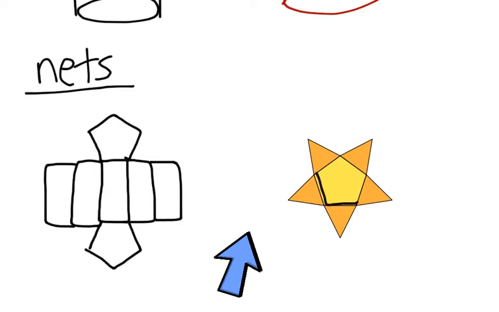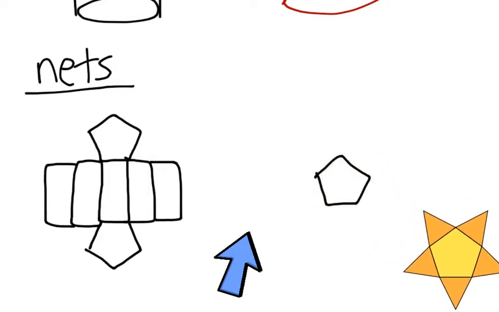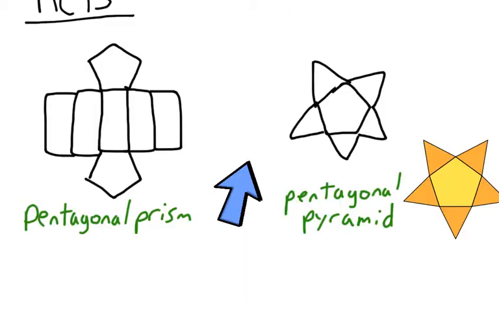Just draw another pentagon, and then from each side of your pentagon, just draw a triangle. Make them all look congruent, about the same size. Alright, I went ahead and named those two figures. Pentagonal prism because it has two bases, pentagonal pyramid because it has one base.